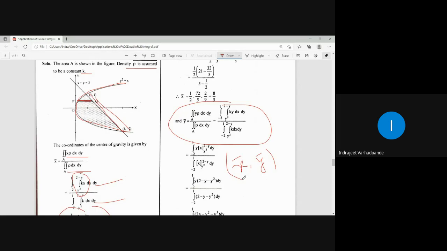So this is the important point that you need to keep in mind for the calculation purpose. Always remember the formula for the Cartesian coordinate system and the formula for the polar coordinate system, and then do the simplification appropriately. That will give you the final answer. So in problems related to center of gravity coordinates, whenever the density is not given, it is assumed to be constant, and the constant can be cancelled out from both numerator and denominator.